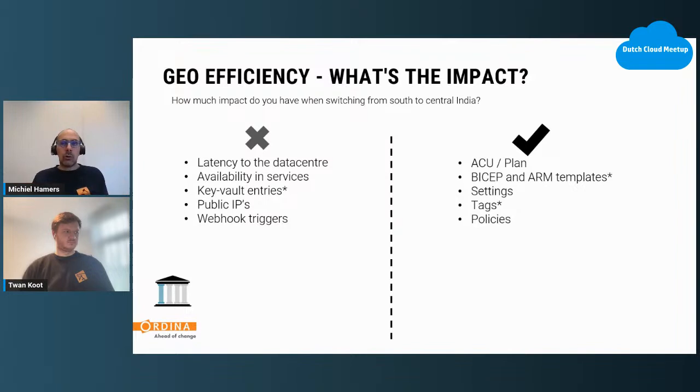You need to change it if the tag content needs to be changed. The same counts for policies. Policies move along, but if you arrange your Azure data center with policies, you need to check that. It's more or less moved automatically from one data center to another, but keep in mind that you need to at least check it.